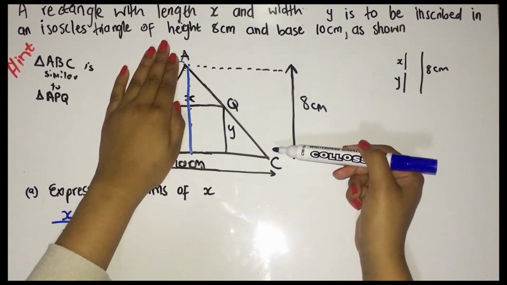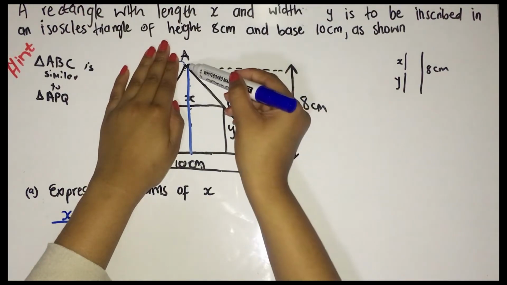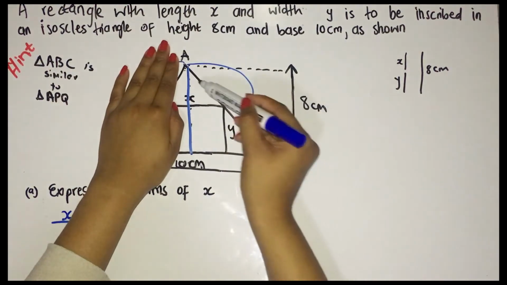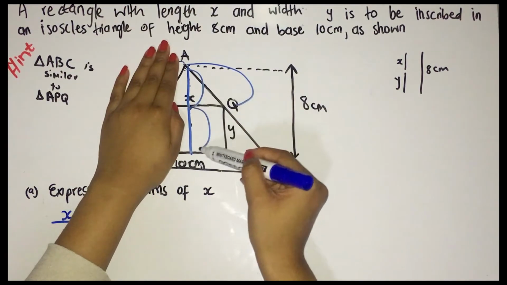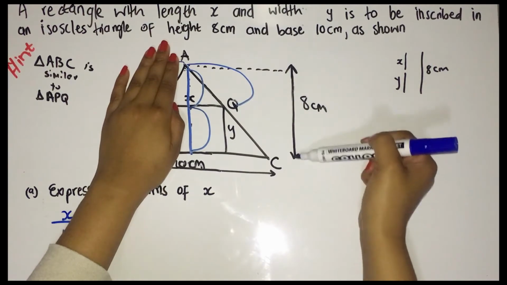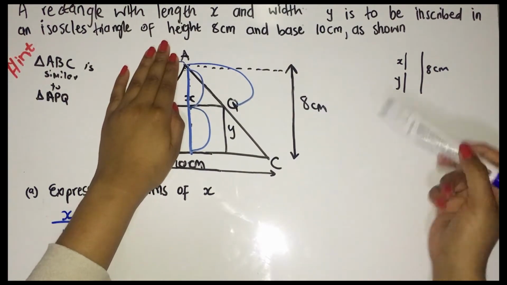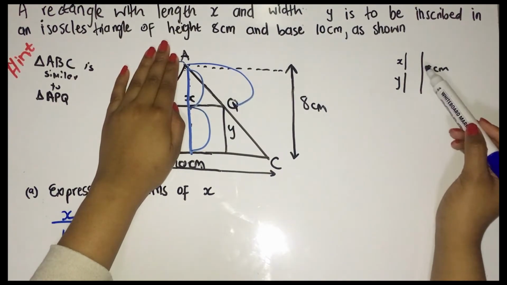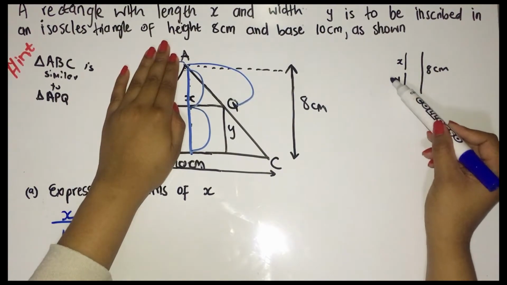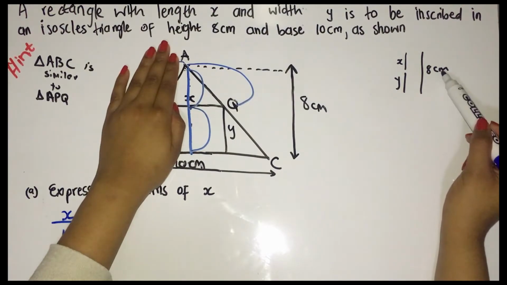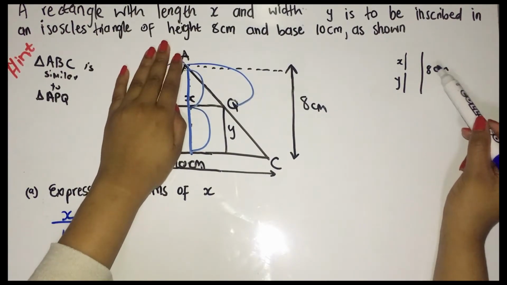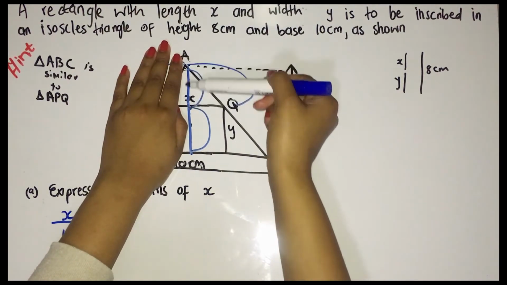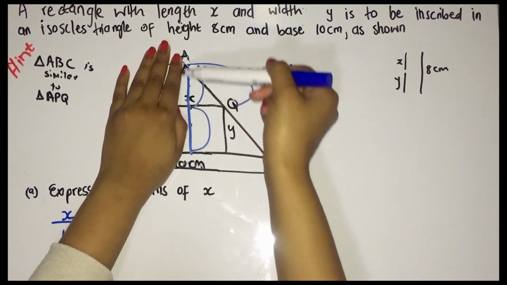From here to here, from here to here, is equal to 8, and we agree. That's why here we have 8, we have x, we have y, we have 8, to show that x plus y is equal to 8. Because we are dealing with proportions, this part divided by this whole part.